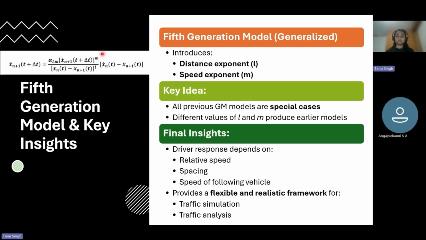Because of the flexible and realistic framework that this model provides, it is widely used in traffic simulation and traffic analysis. So this was about how the improvement or advancement has been made in the General Motors car following model.